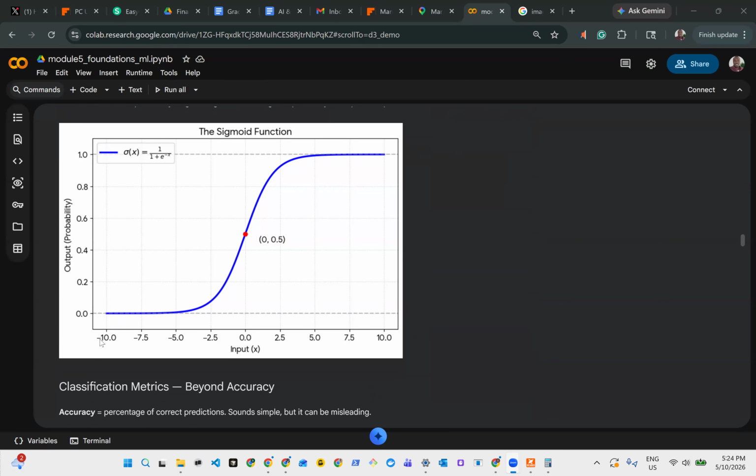Whenever you have an input, maybe -10 here, it ends up being 0. If you have +10, if you trace it up, you output 1. So in the middle, if you have 0, if you trace it up, you output 0.5.